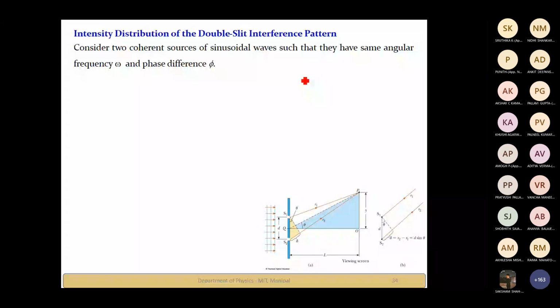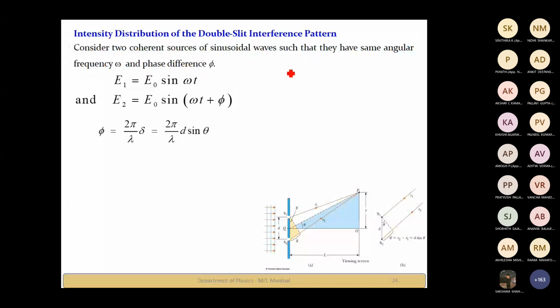For this, we will consider two coherent sources of sinusoidal waves, which are arriving from slit 1 and slit 2. They have the same frequency because they're coming from the same source, and of course they will have a phase difference. The phase difference is because they are arriving from two different slits. Suppose we consider a point P, and because of the extra path the wave coming from S2 has to travel, there exists a phase difference between these two waves.